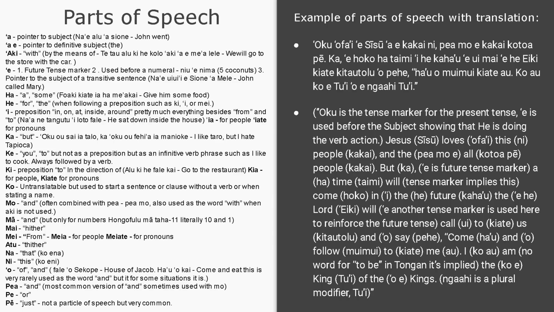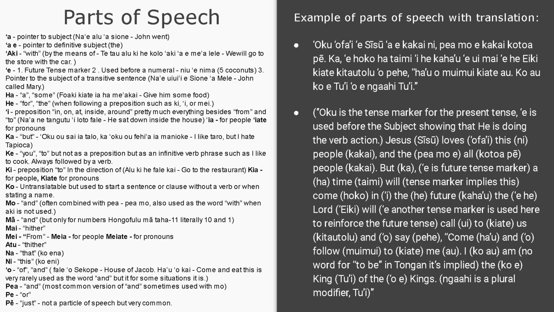Will come, hoko, which means to become or to come into. Yeah, it's the best translation we have for come in this situation. In, the, he, future, kahao. Future, kahao, the, ehe, Lord. So it's important here, you see we're using ehe.